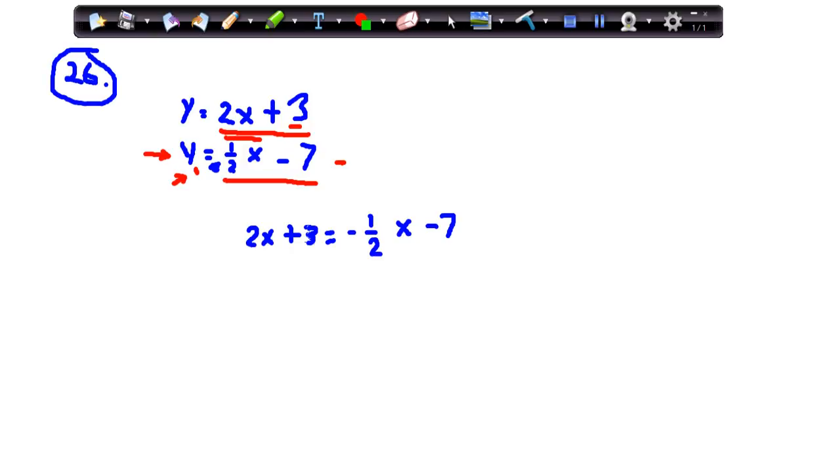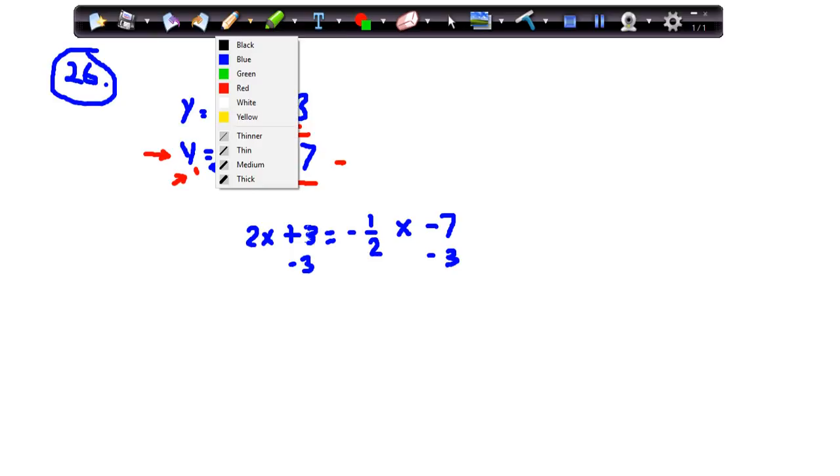So 2x plus 3. To get this x off to the side, we're going to first subtract 3 from both sides. Of course this is a positive 3, so we're going to subtract 3 from both sides. What you do to one side, you do to the other side, right?